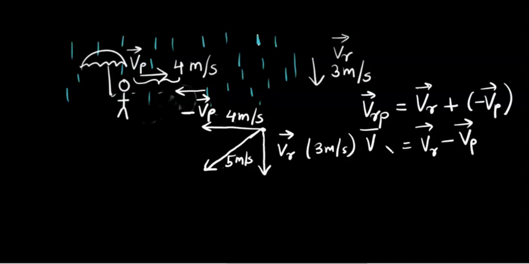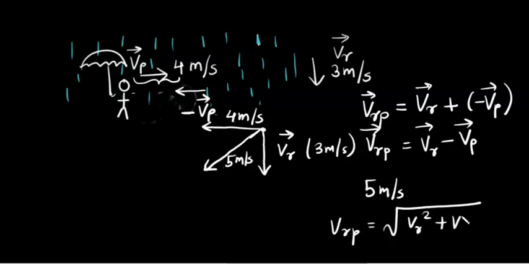And Vr bar minus Vp bar is nothing but the relative velocity of rain with respect to the person. So this is a relative velocity problem. The velocity of rain with respect to the person is 5 meter per second. How did you find that? You just take the square root of Vr square plus Vp square, and you find that its speed is 5 meter per second.